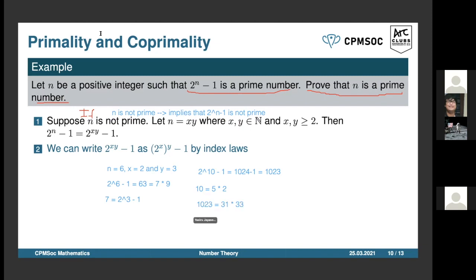If you manually check for prime factors of 1023, you can find that 31 is a prime factor of 1023. And it turns out that 31 is equal to 1 less than a power of 2. So it's equal to 2 to the 5 minus 1. So we've got some interesting results over here.